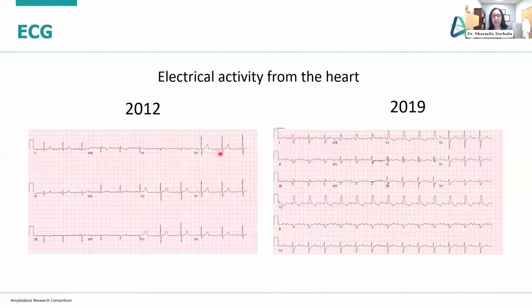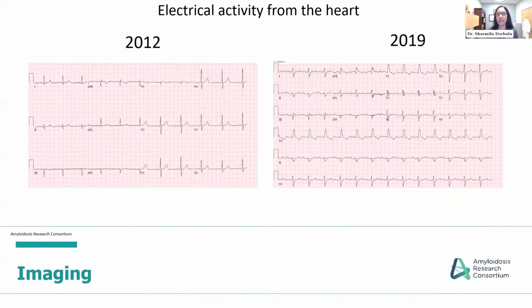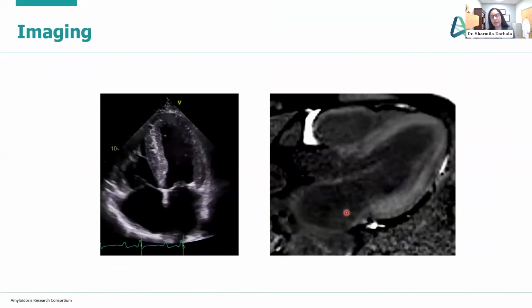It was very narrow complex QRS, what we call, and here it's wide complex with a lot of heart blocks. So basically, ECG is one of the first tests which would raise the suspicion. It's not sensitive or specific, but certain features on the ECG can raise the suspicion of disease.